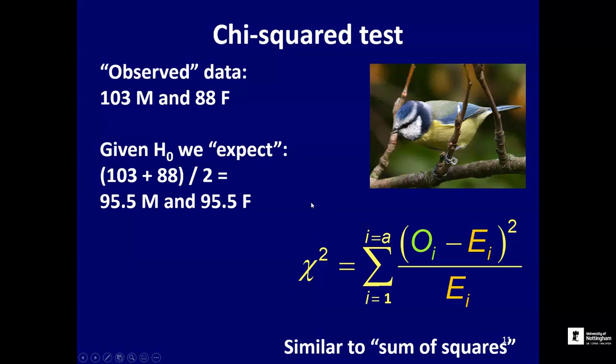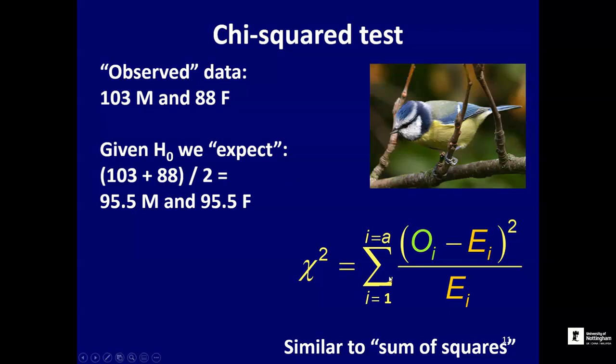So you might be slightly confused because you're maybe expecting n to be the sample size. Well, what we need here is to distinguish between the total number of birds that we've looked at, which we would typically call the sample size n, in this case 191, or 88 in one sample and 103 in another, and A, the number of counts. In this case, we just have 2 frequencies or 2 counts in our data set, a male observation and a female observation.